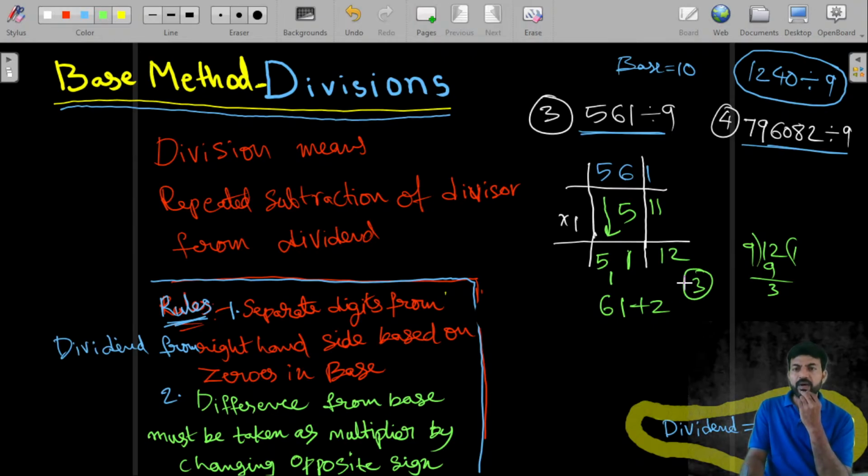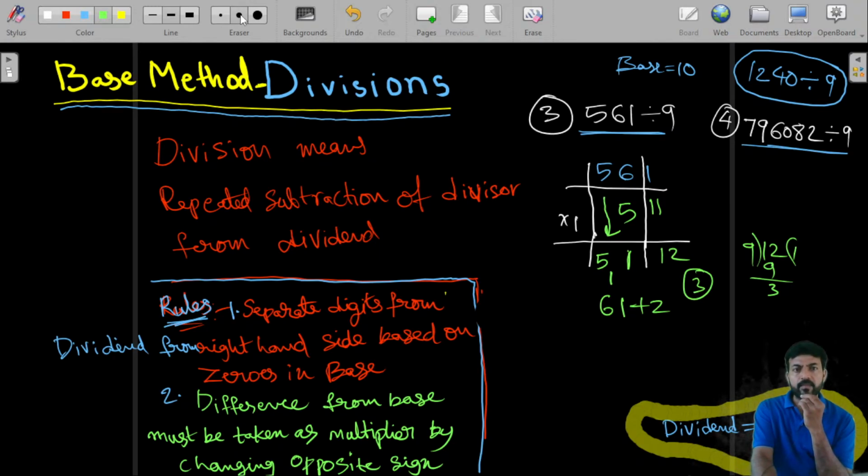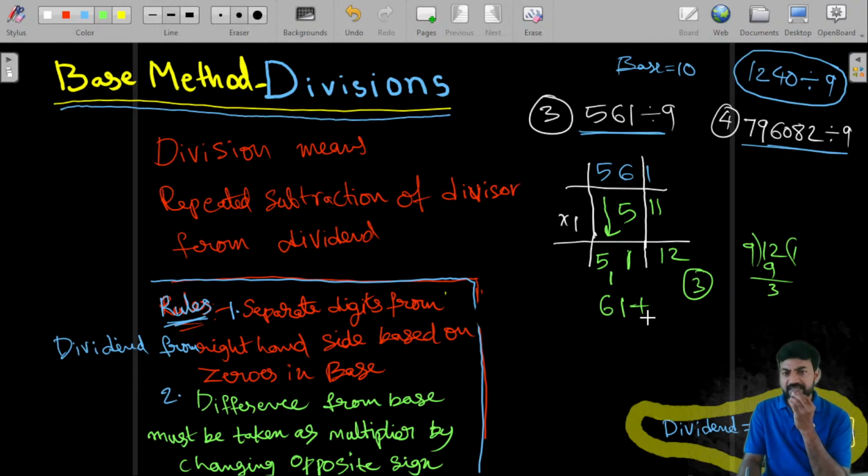When you get a remainder more than the divisor, you have to subtract one more or as many divisors as possible from this remainder. So this 12 has one 9 and 3. So you have to add that one here.